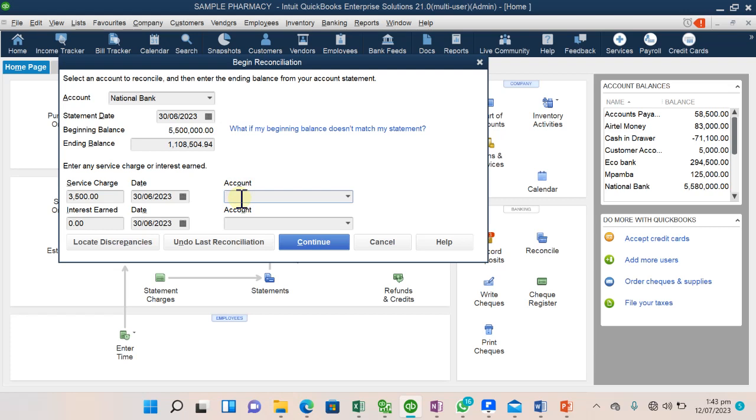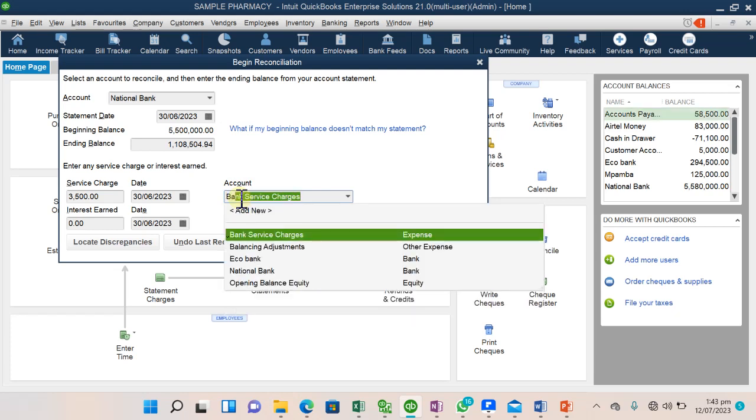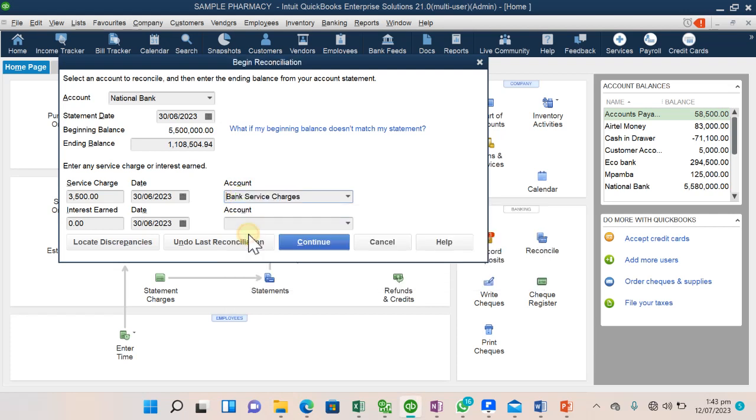What class of expense is that one? So this one, just search bank service charges. It's there by default. And from there, then you will have my interest income. If the bank gives you some interest at the end of the month, they do something there.